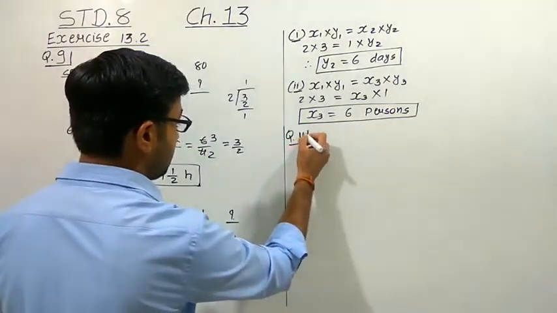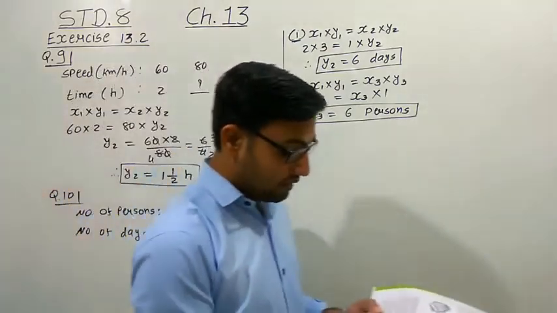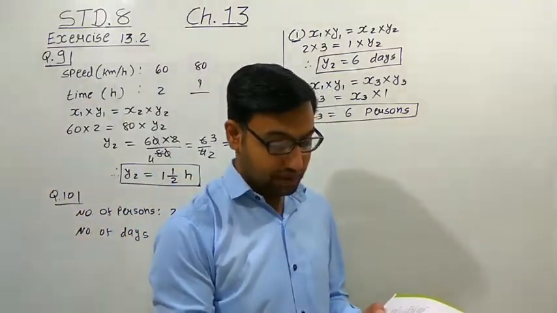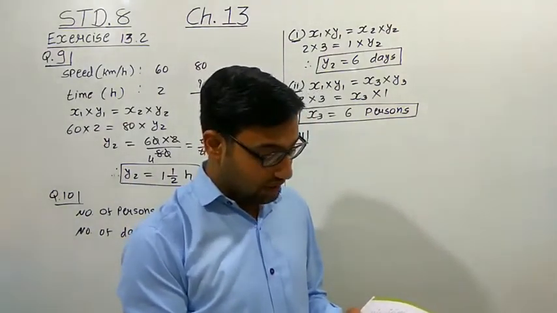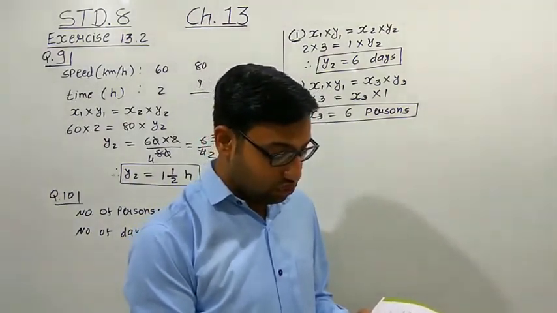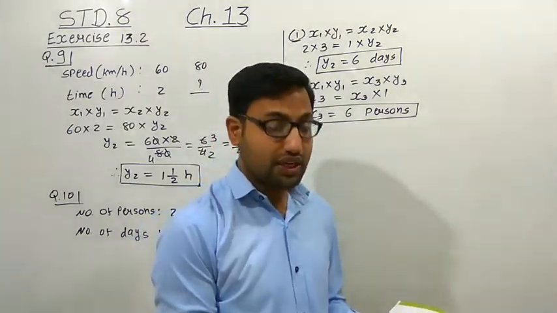Now let us see question number 11. A school has 8 periods a day, each of 45 minutes duration. How long would each period be if the school has 9 periods a day, assuming the school hours were to be the same?